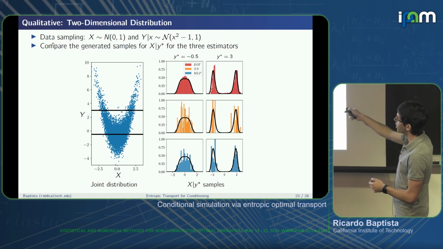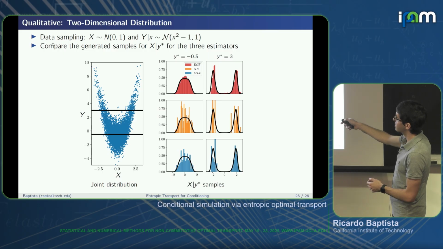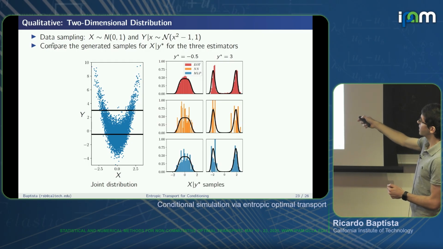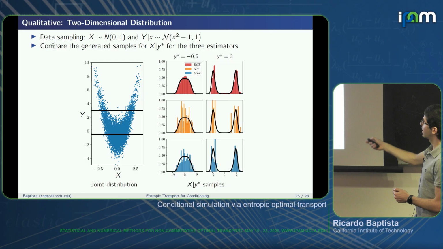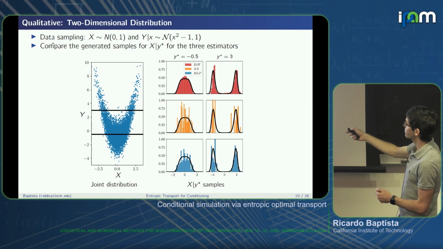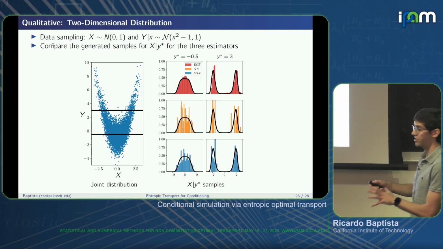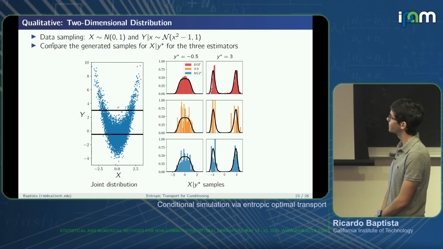On the right, we plot these generated samples using these maps for three different estimators: the EOT estimator, a nearest neighbor estimator, and a neural network-based estimator, for two different values of the conditioning variable, where you can see fairly good agreement and capturing of both this unimodal and this bimodal distribution.